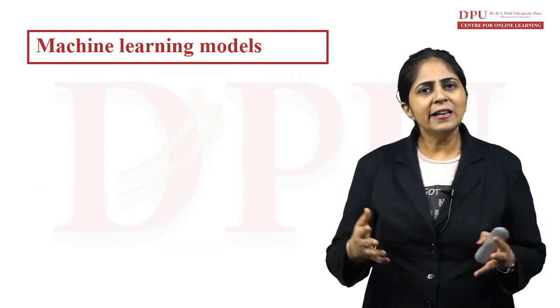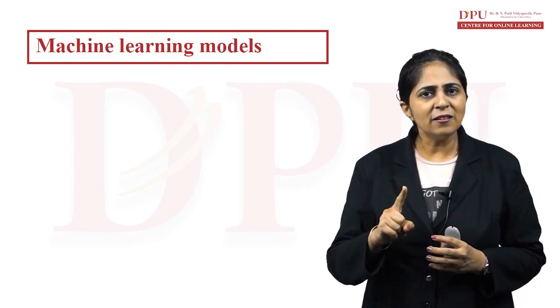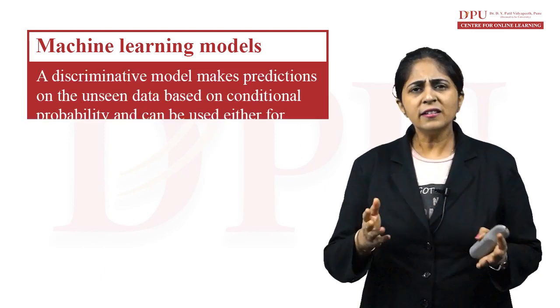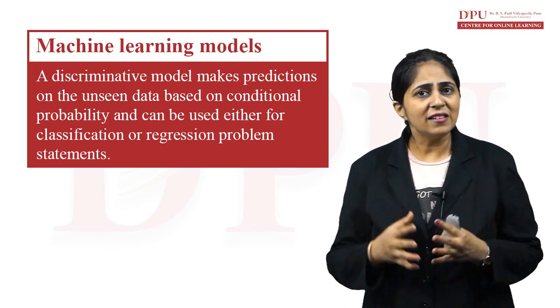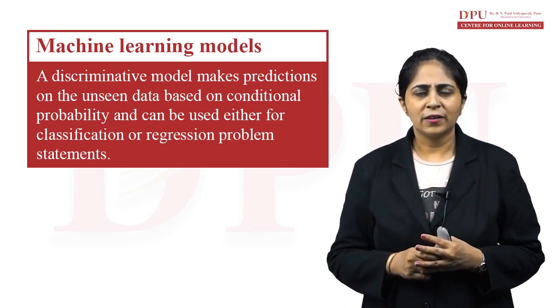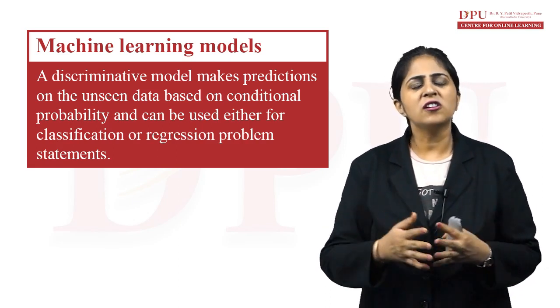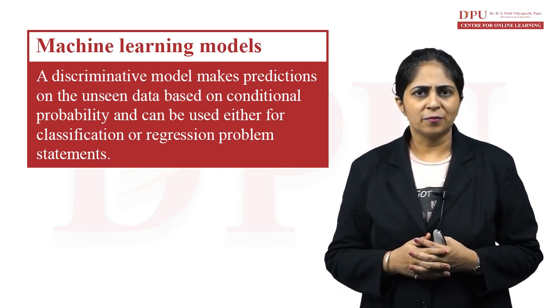So machine learning models can be classified into two types, discriminative model and generative model. A discriminative model makes a prediction on the unseen data based on the conditional probability, and it can be used either for classification or for regression problem statements.